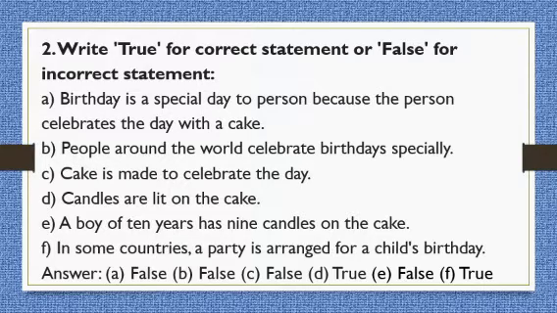Okay. So let's start from number A. Birthday is a special day to a person because the person celebrates the day with a cake. Is it true? No, this is false. Why?